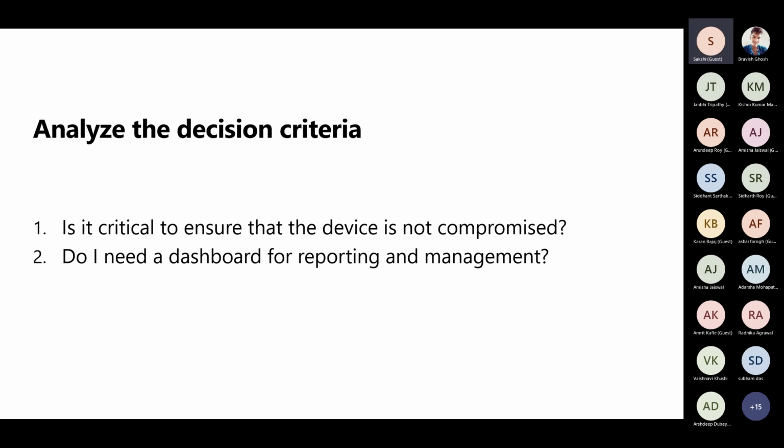So the first question will be: is it critical to ensure that a device is not compromised? Like it is obviously asking about security. Let me give you an example. Let's say you have a washing machine that uses IoT sensors, or let's take another example. These days we are using sensors to prevent the water flow when the tank fills up.